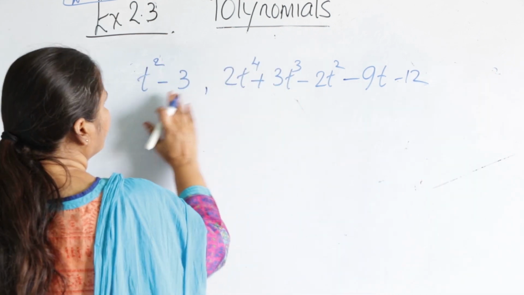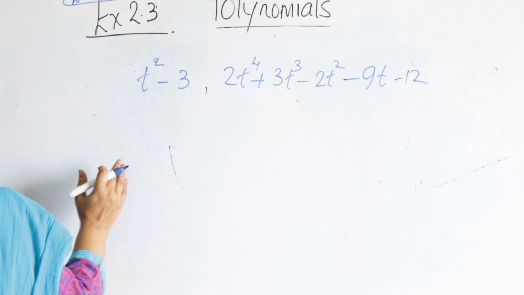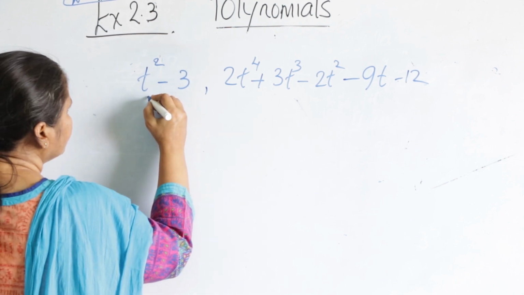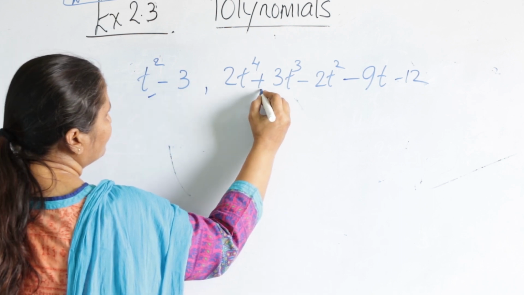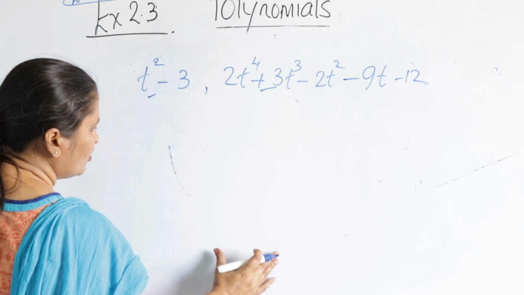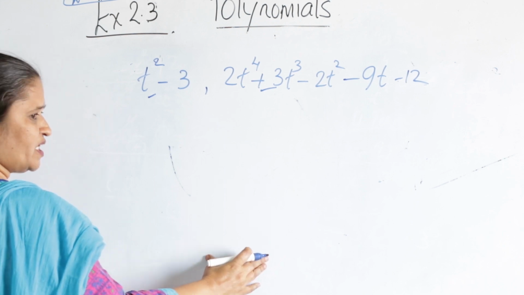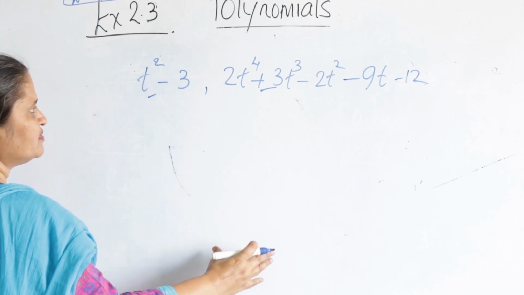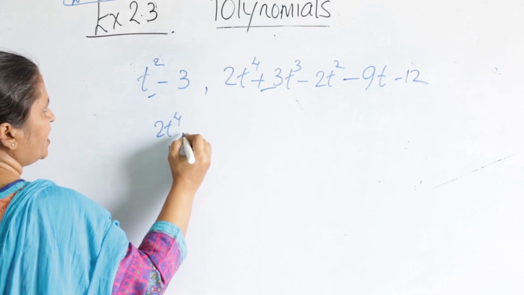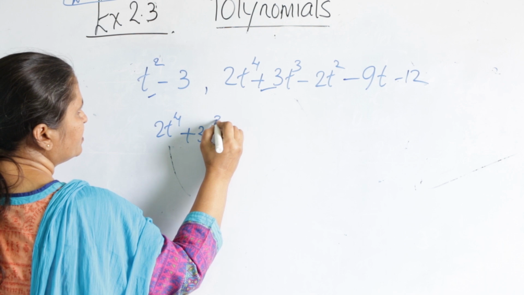This is the first polynomial, this is the second polynomial. So here you are supposed to find whether this is a factor of this. This will be a factor of this only if r of x becomes 0, the remainder becomes 0. So you have to follow the same method here.